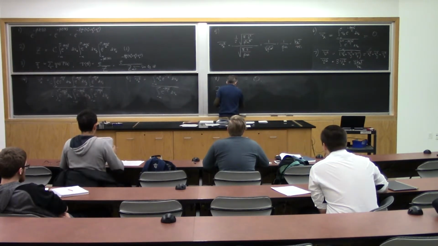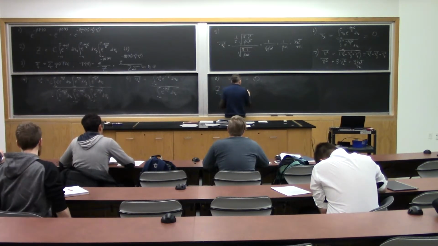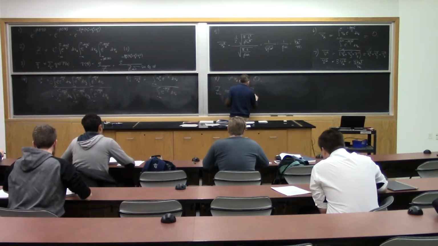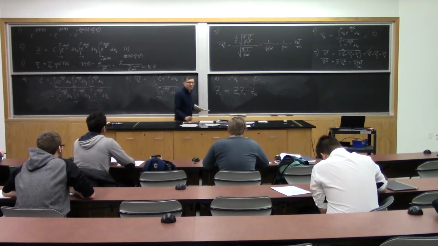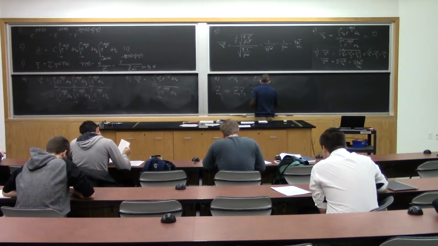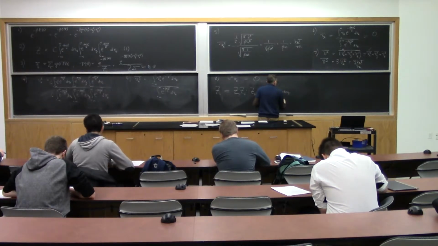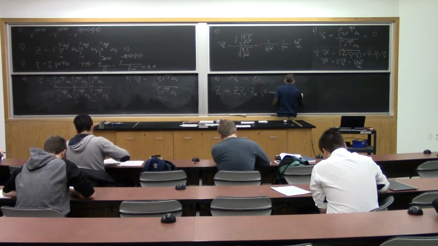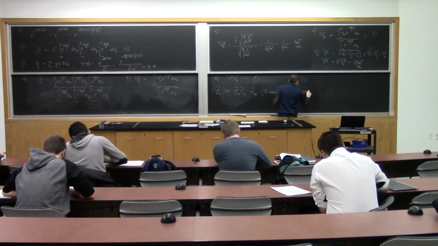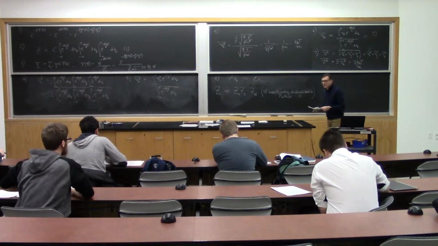So there'll be a partition function for particle 1, and a partition function for particle 2, and you just keep multiplying until you get all n of them. So this is n non-interacting, distinguishable particles. I think that's pretty much where I left off.